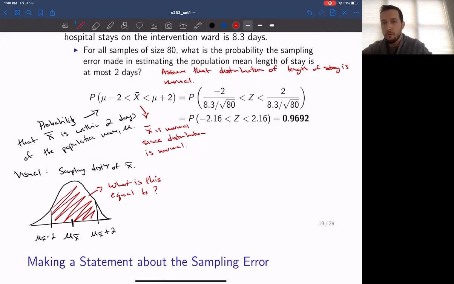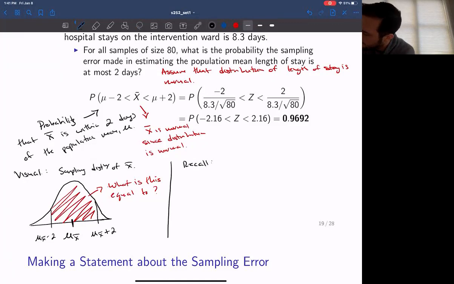Now, when we work with normal random variables, what we then do is standardize our limits, and then we turn to the standard normal table. So recall that Z is equal to X minus mu over sigma.